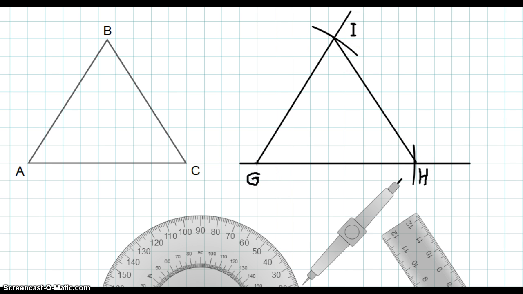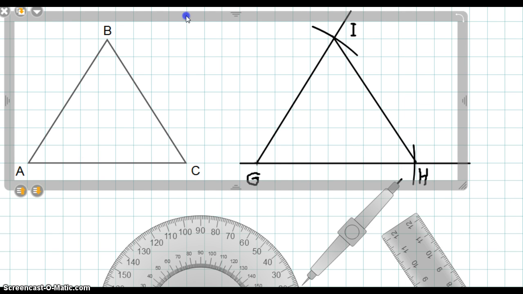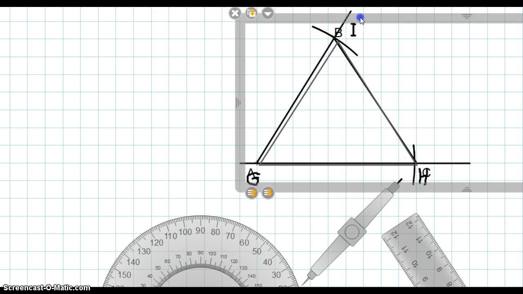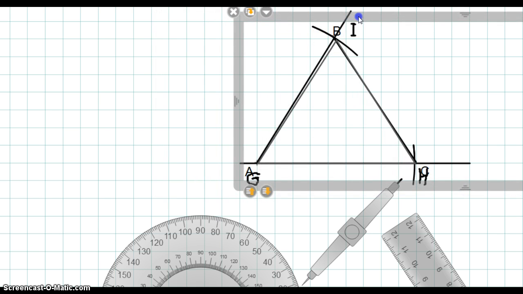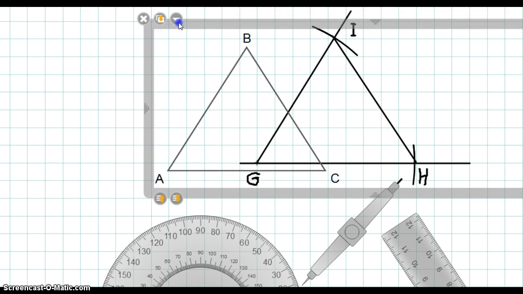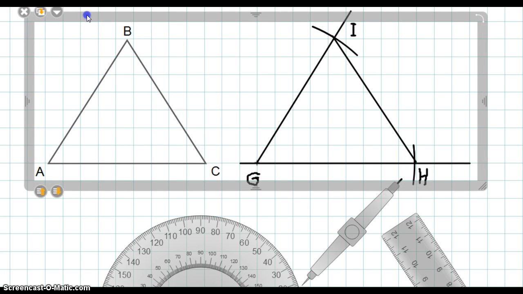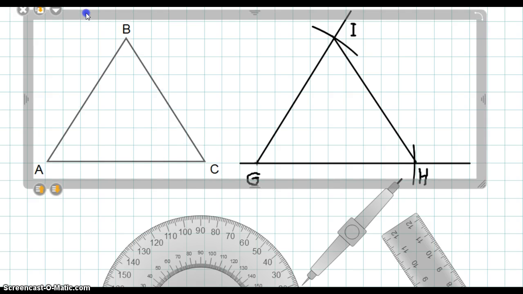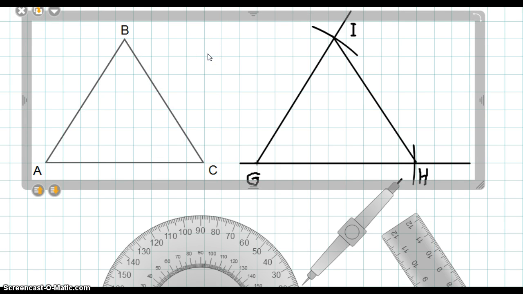And just like I did at the end of the previous video, why don't I put triangle ABC on top of GHI, so that you can see that the two triangles are basically the same, right? So we can say that we have successfully drawn a triangle which is congruent to triangle ABC, and that triangle is called triangle GHI.